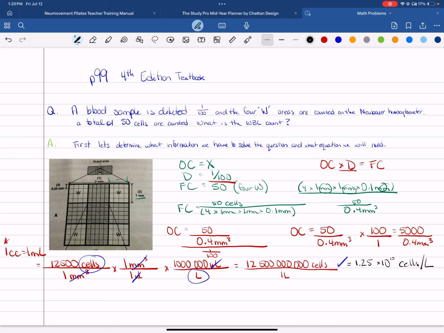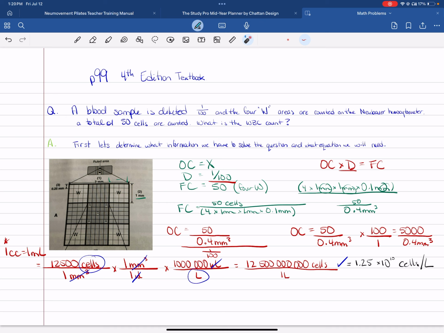And that's how we go about doing that question. The reason the exponent is 10 is because we moved 3, 6, 9, and then 10 spots. So our final answer is 1.25 times 10 to the 10th power cells per liter.